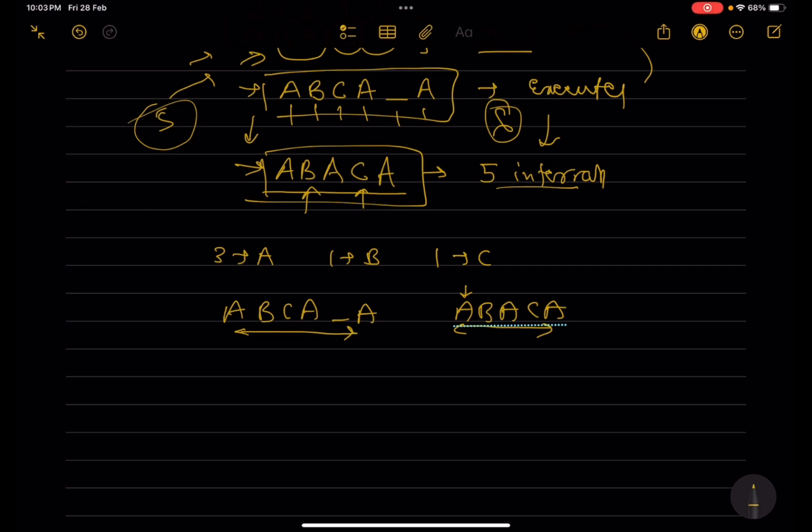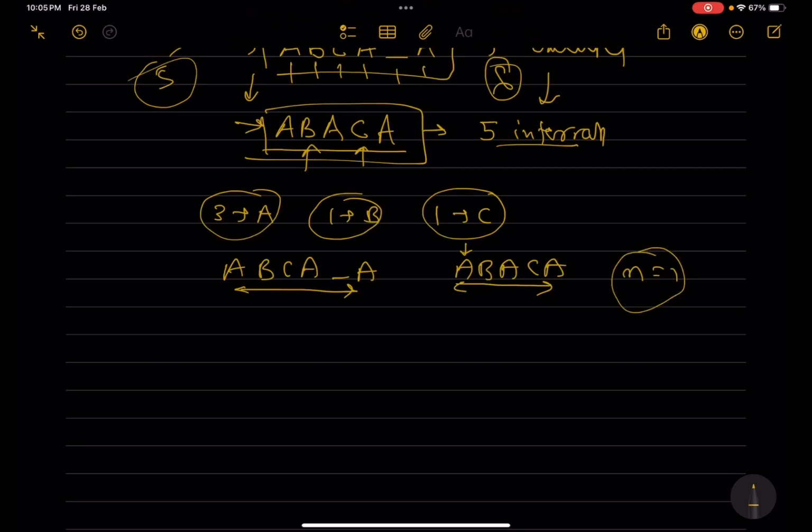Can we say that? So let's say here there were 3 A's, 1 B and 1 C. Let's first pick A. So we will remain with 2 A's, 1 B and 1 C.